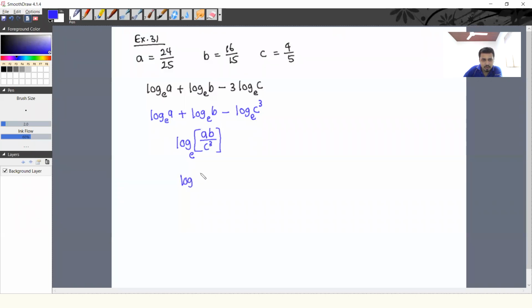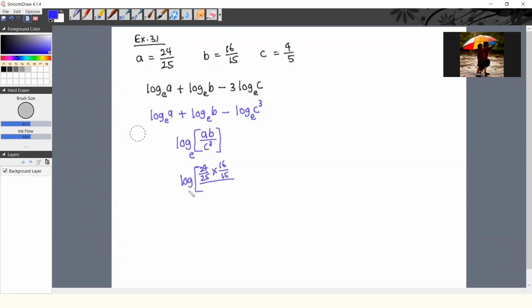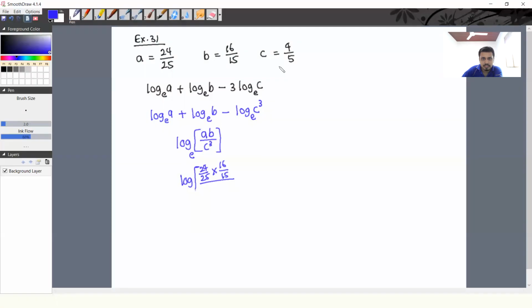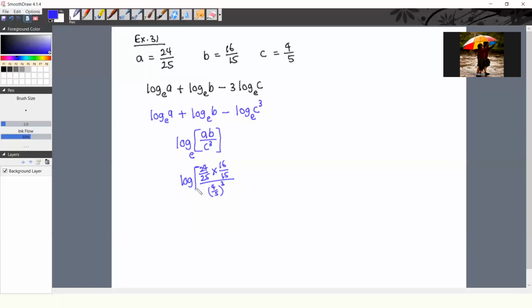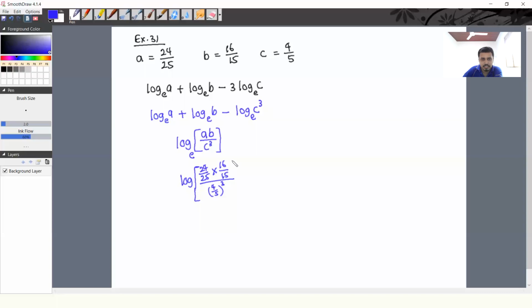Log of the value of a, that is 24 over 25, into b, 16 over 50, divided by 4 over 5, but we need to consider the third power value of this, to the power 3. Base is e.